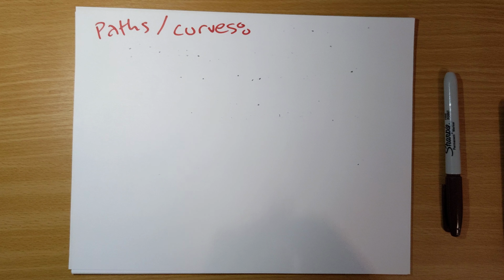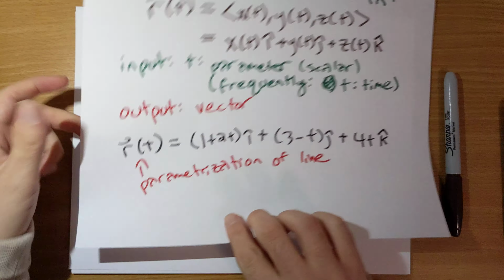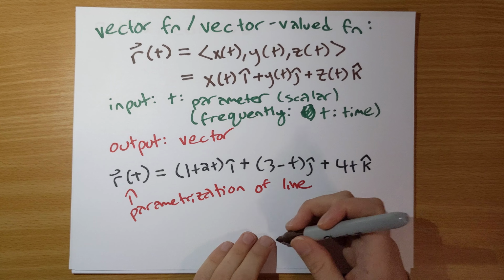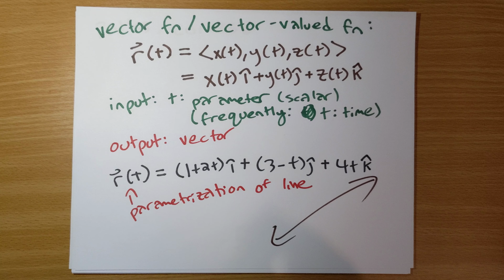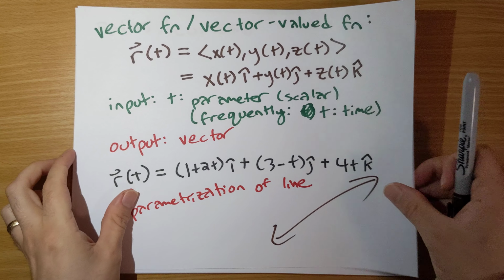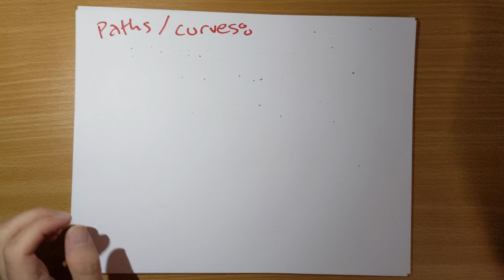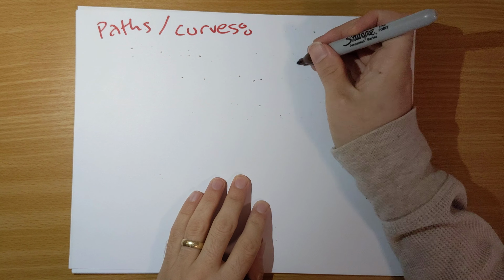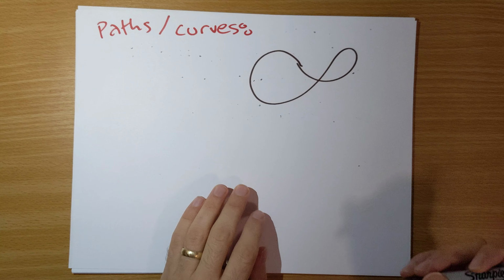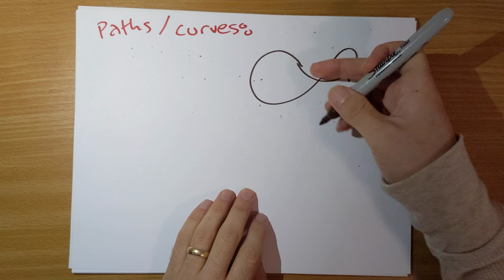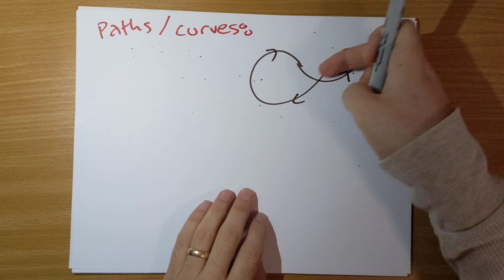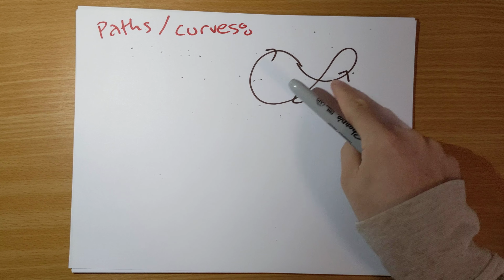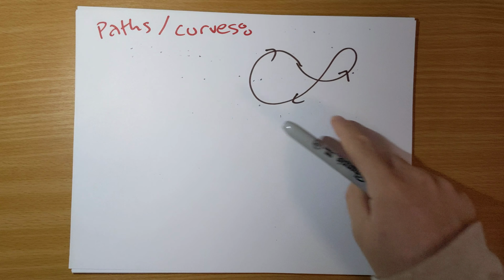This is just a straight line moving in three-dimensional space, but we're definitely going to end up with more complicated figures. So we could have something that looks vaguely like a saddle or a Pringles potato chip. We have a particle moving along this path here.